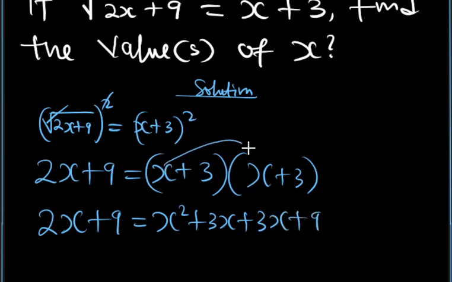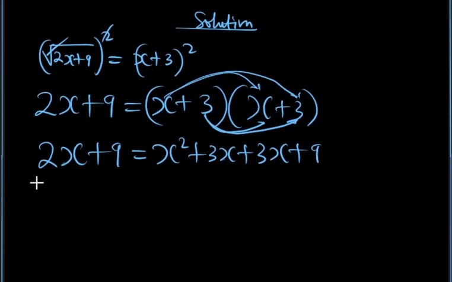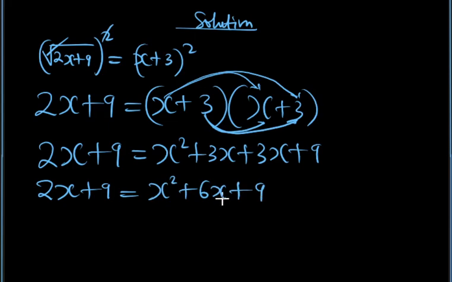That is this multiplied by this, x squared, this multiplied by this, 3x, this multiplied by this, 3x, and this multiplied by this, 9. So this gives us 2x plus 9 is equal to x squared plus 6x plus 9.